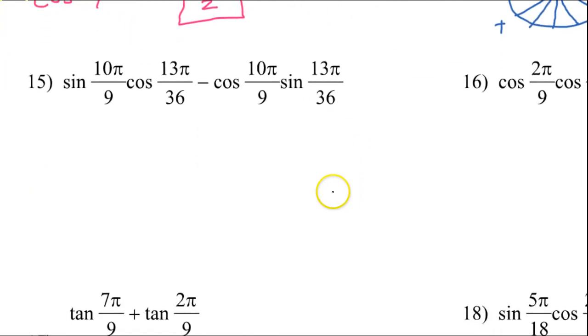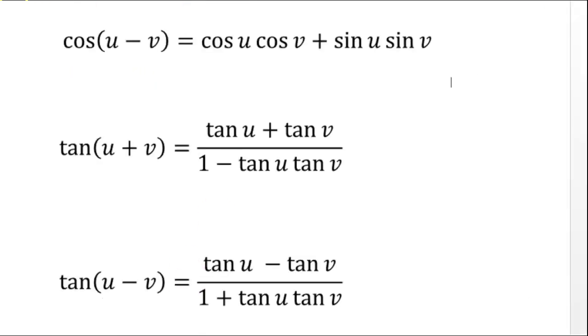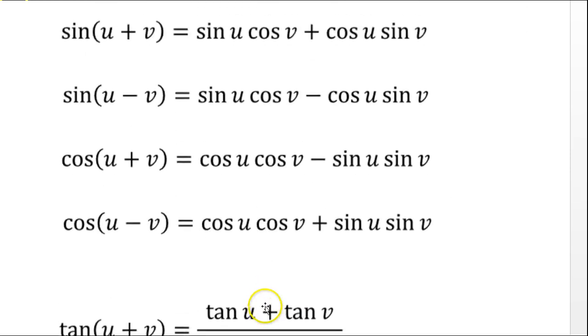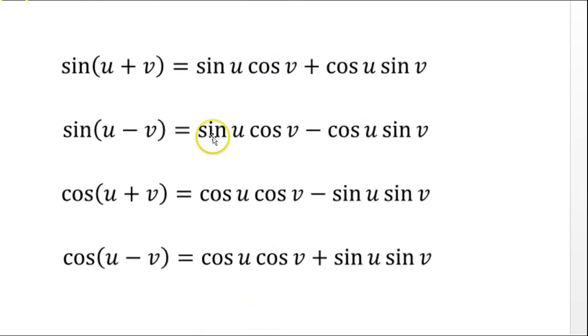Okay, number 15, what's happening here? I see the pattern that says sine, cosine, cosine, sine. That tells me that it's going to be one of these first two. And the signs should match. If it's addition in the middle, it's going to be addition. If it's subtraction in the middle, it's going to be subtraction.